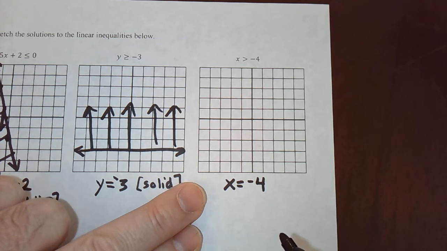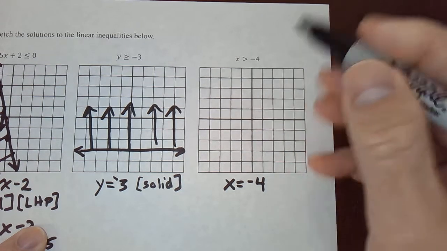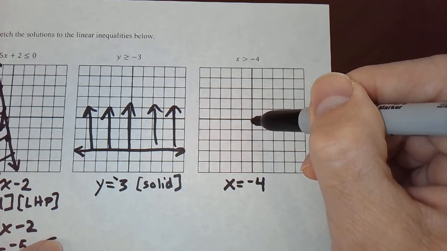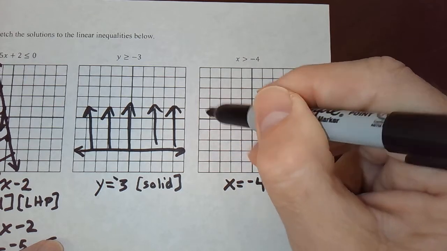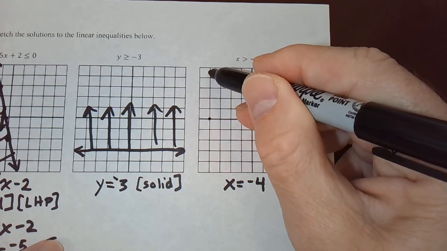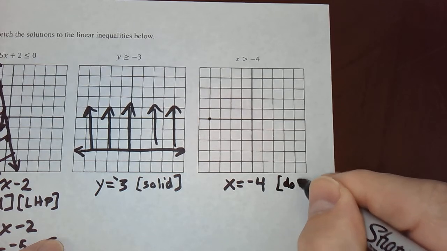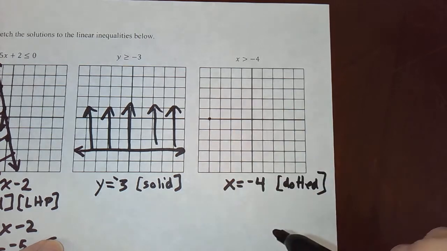Well, that's a vertical line. So we go find the x-intercept at -4, 1, 2, 3, right here. And the vertical line, oh, I need to do a dotted line because it's a strict inequality. There's no equal sign there.